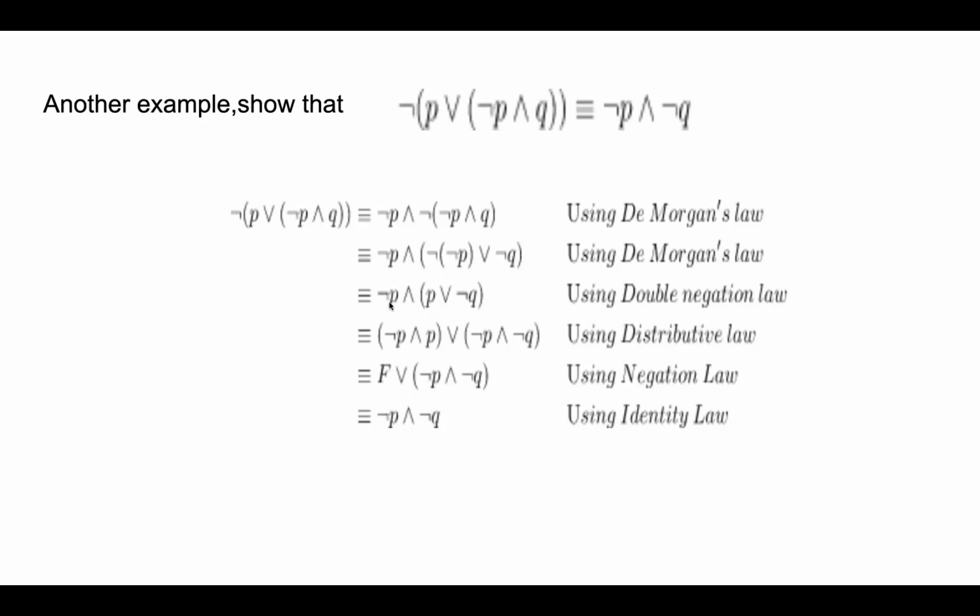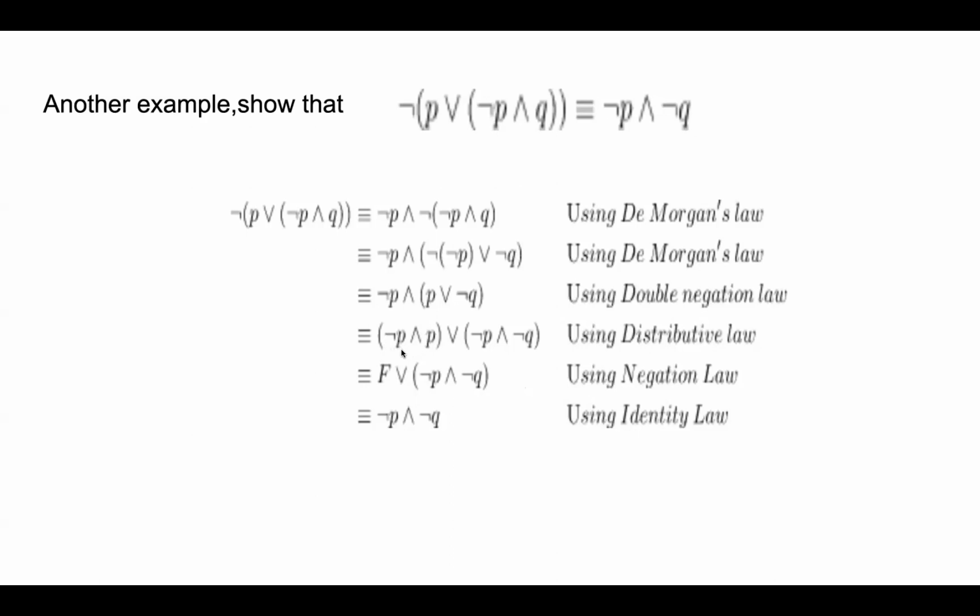Distributive law gives again negation P and P or negation P and negation Q. Then what is there in negation P and P? We can use negation law there.